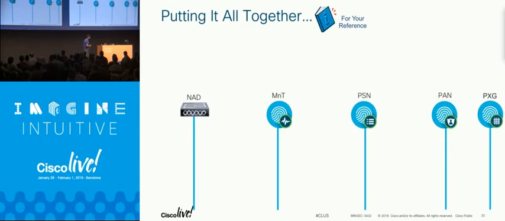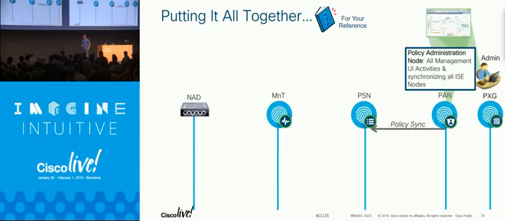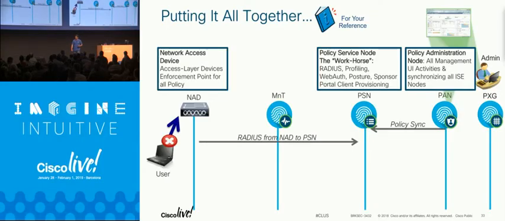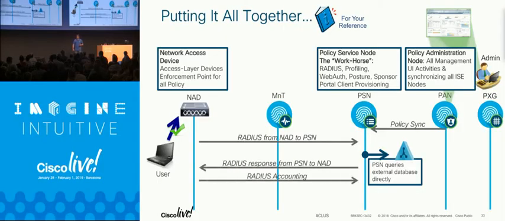Okay, so for your reference. Let's talk about how these nodes talk to each other, the end-to-end flow. Because later when we get into more details about flowing packets through load balancers and all that stuff, I think this slide is useful. So what happens is that when an admin logs into ISE, they log into the PAN node, and that is where they can configure ISE. The moment you configure ISE, it pushes all the policies to the PSN node, right? Next, when a user connects, the device is programmed to go talk to the AAA server, and that AAA server is the PSN IP address.